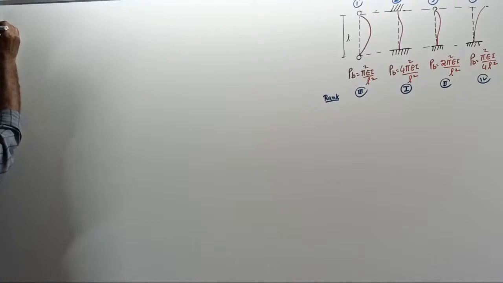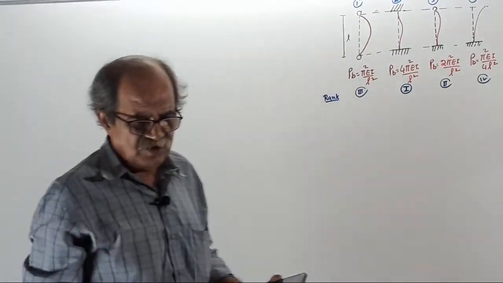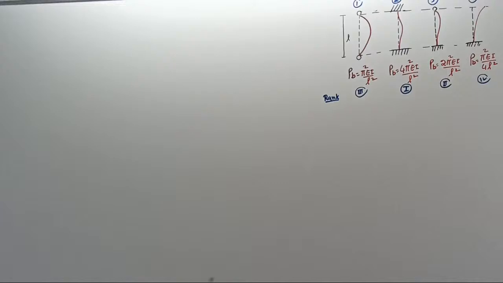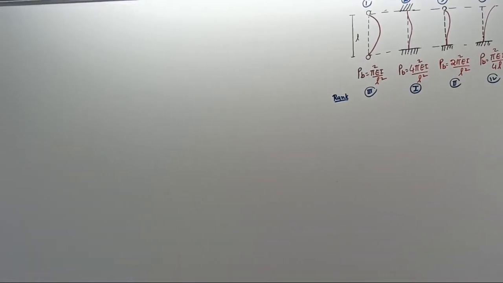Oh, this much is consumed. I think I should slightly turn the camera this side because a lot of space is wasted there. Left side, right side, that much is not required. I'll slightly shift it. Okay, suppose now visible I think. Okay, manageable. I will write in the available space only.